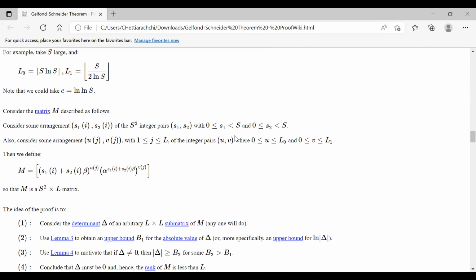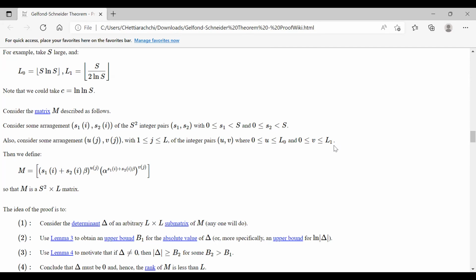And each S1 goes from 0, greater than or equal to 0 and less than S. Same thing with S2, greater than or equal to 0 and less than S. Again, we consider some arrangement of the integer pairs U(j), V(j), for each j going from 1 through L, of the integer pairs U, V, where U is an integer going from 0 to L0, with equal signs here, and V going from 0 to L1.